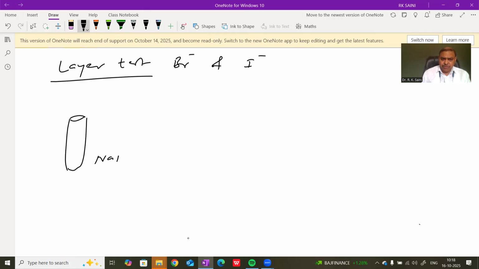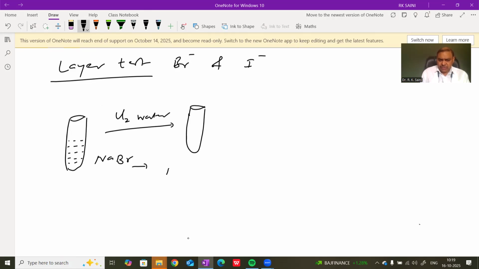Lassaigne's extract, in case of bromide, contains NaBr, and then chlorine water is added. A redox reaction takes place in which bromine is displaced from NaBr.